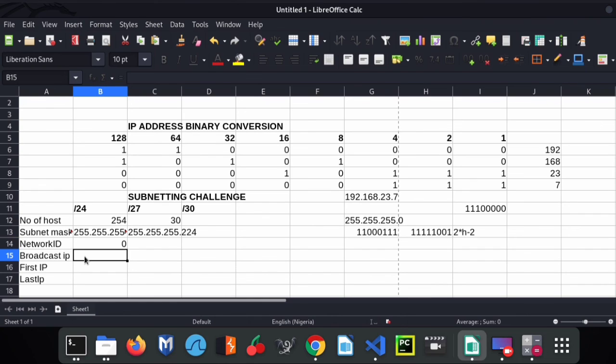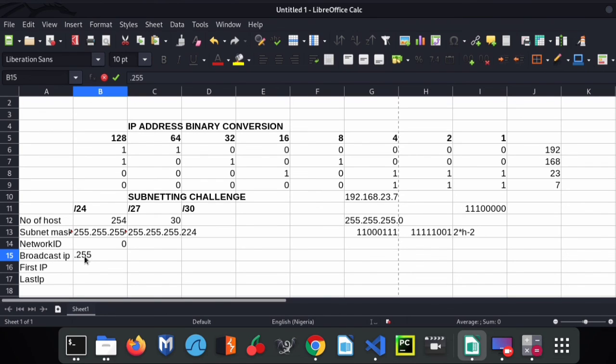The broadcast IP is usually the last IP, which is the .255. So whatever IP address comes before it, we have the .255, which is the broadcast IP, because these two, the network ID and the broadcast IP, are reserved, so you don't calculate them. That's why we minus 2 from the hosts.